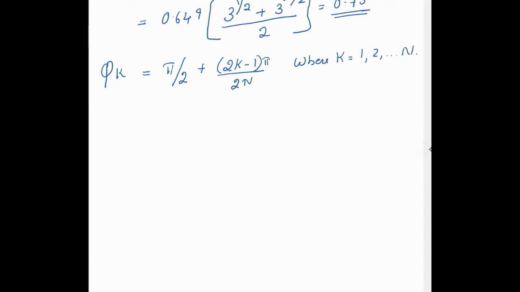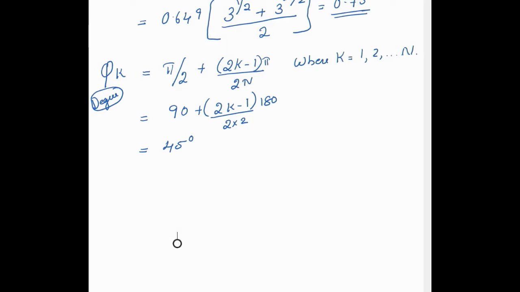If n is 3, k should vary from 1, 2 and 3. Here 180 by 2, 90 plus (2k minus 1) divided by 2 into n, n is 2, so 2 into 2 into 180 degree.